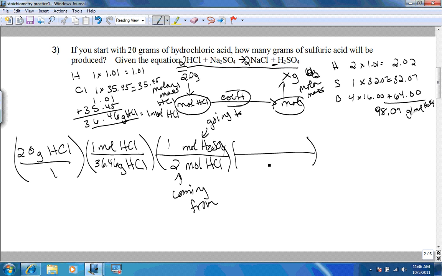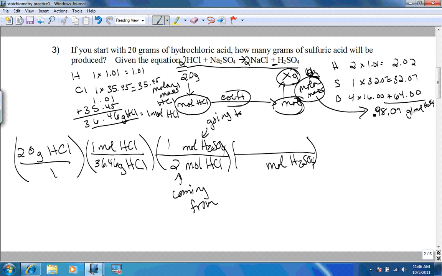Moles of H2SO4 on the top, moles of H2SO4 on the bottom of the next one. In order to get from moles of H2SO4 to grams of H2SO4, we're going to be using the molar mass, which is right here that we calculated. 98.09 grams per mole. That means it's equal to 1 mole. So 1 mole H2SO4 is equal to 98.09 grams H2SO4.